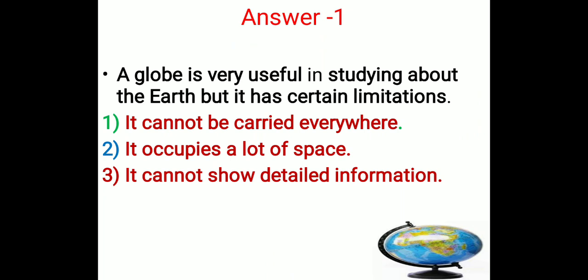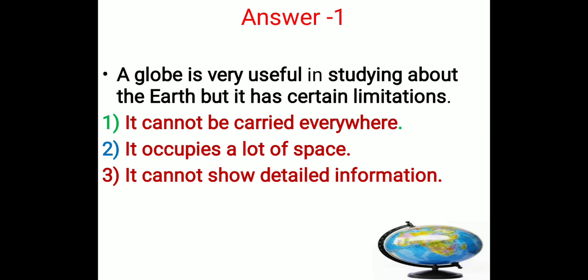It occupies a lot of space, and it cannot show detailed information. If we want to know about our neighborhood, or about any city of any country, the globe will not tell us the detailed information, right?